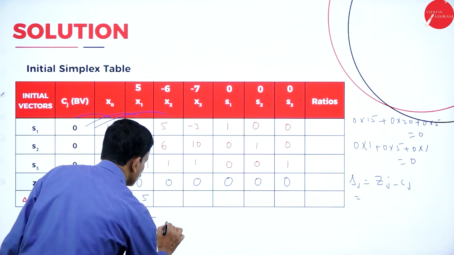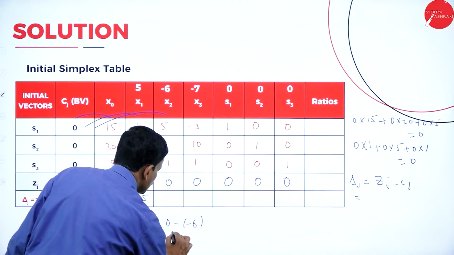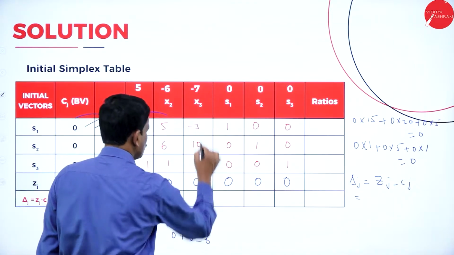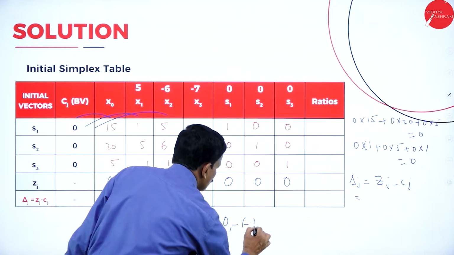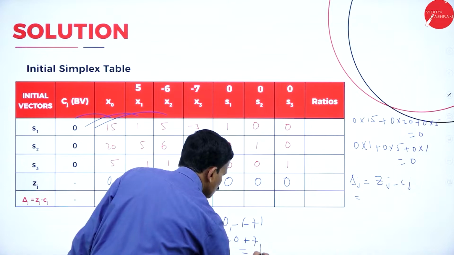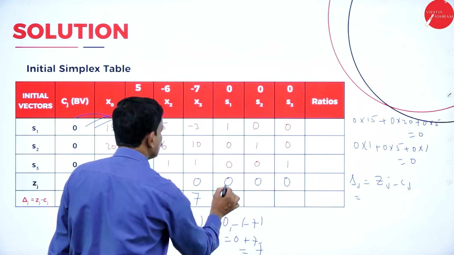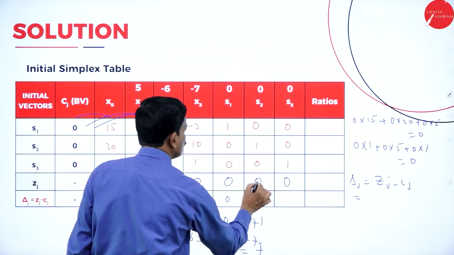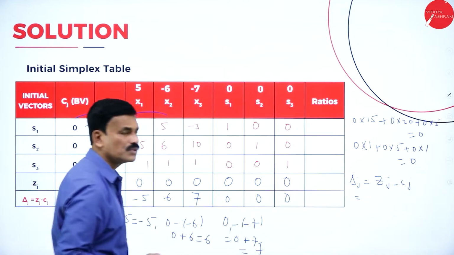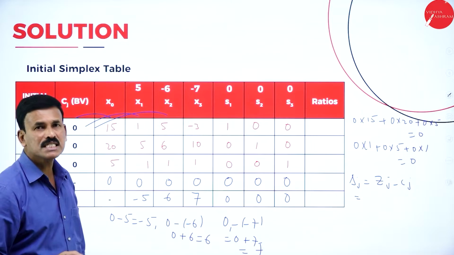Again 0 minus of minus 6, 0 plus 6 is equal to plus 6. Again 0 minus of minus 7, this is 0 plus 7 is equal to plus 7. Again 0 minus 0 is 0, 0 minus 0 is 0 and 0 minus 0 is 0. So this is the initial simplex table.